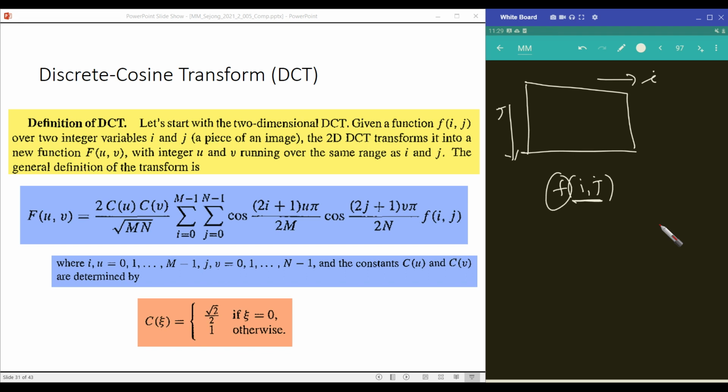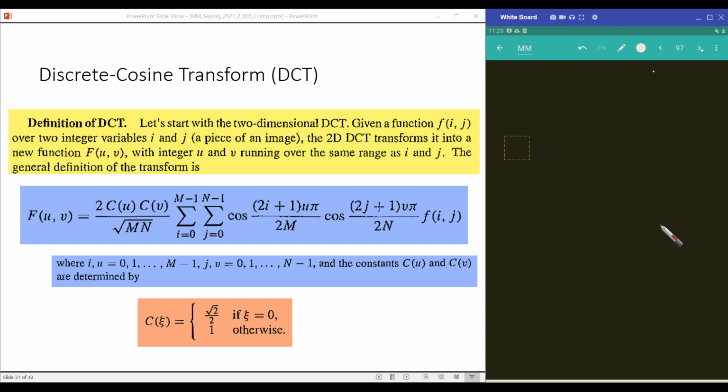In the two-dimensional DCT, or discrete cosine transform in two dimensions, we have one image and we convert it to another image called F(u,v). This is another two-dimensional image.